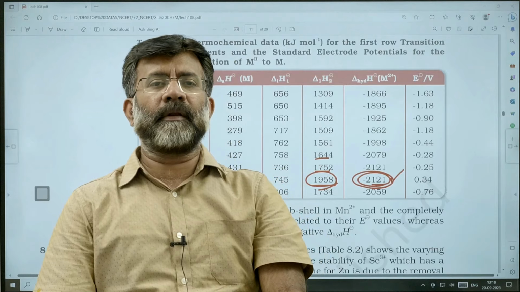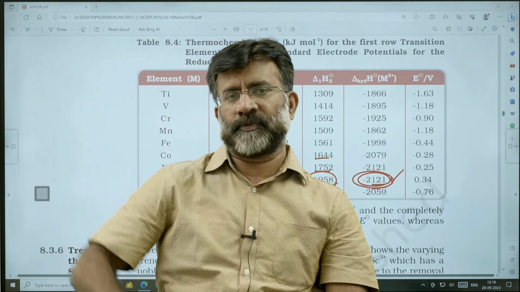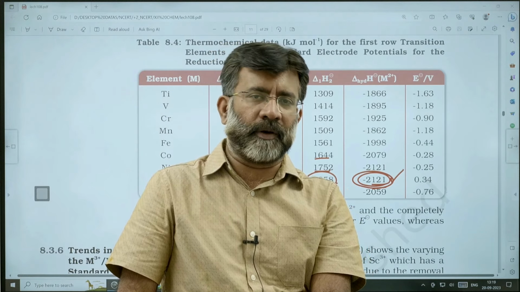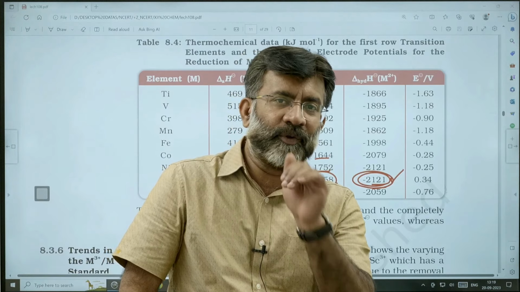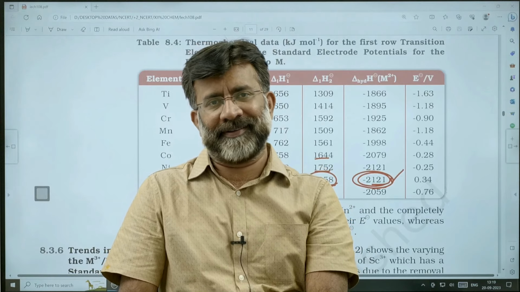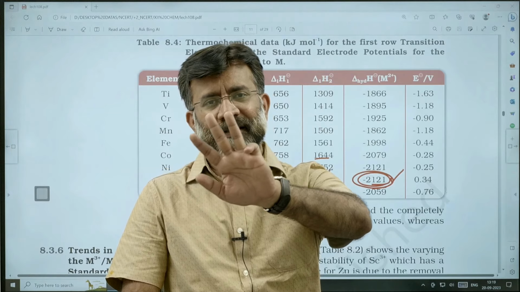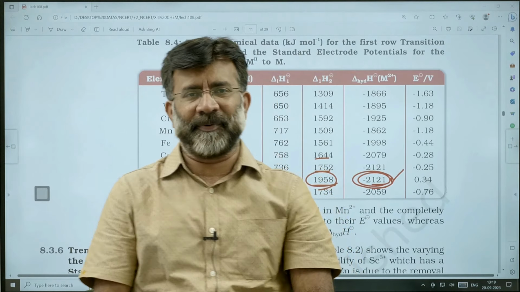So the overall reaction is governed by the individual steps. For the individual steps you have to look at whether it is endothermic or exothermic. If it is endothermic, a low value is preferred. If it is exothermic, a high value is preferred. Atomization enthalpy is endothermic. Ionization enthalpy is endothermic. Hydration enthalpy is exothermic. That is the point.